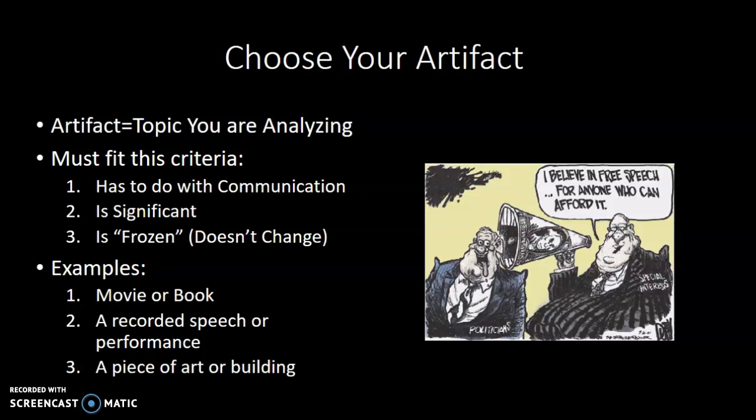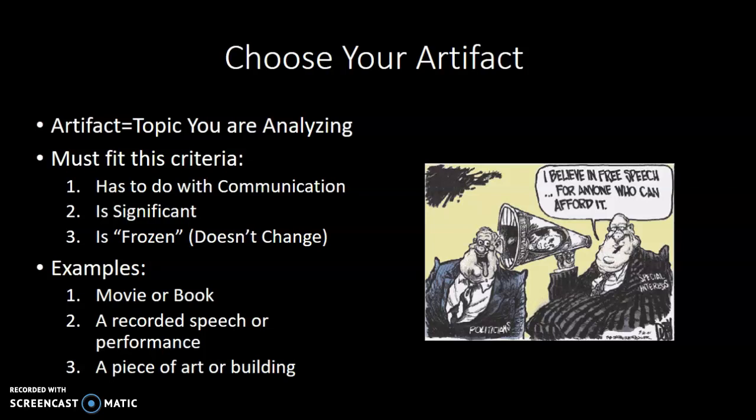You'll notice on the slide that I have a political cartoon here. In the political cartoon, we see two stereotypical large white male politicians that have funny expressions on their faces, and one is holding a megaphone with the dollar bill sign on it, and he's saying aloud, "I believe in free speech for anyone who can afford it." Now, whether you find this political cartoon interesting or not is not particularly important right now.